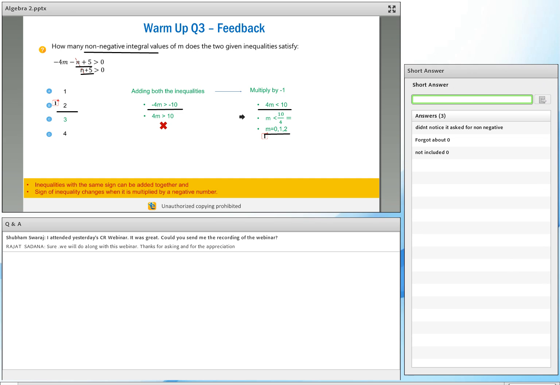Did not notice it asked for non-negative, forgot about 0. And again, that's where it's not about the math, it's about reading the question carefully. Is 0 non-negative? Yes. Is it integral? Yes. So it is non-negative and integral.